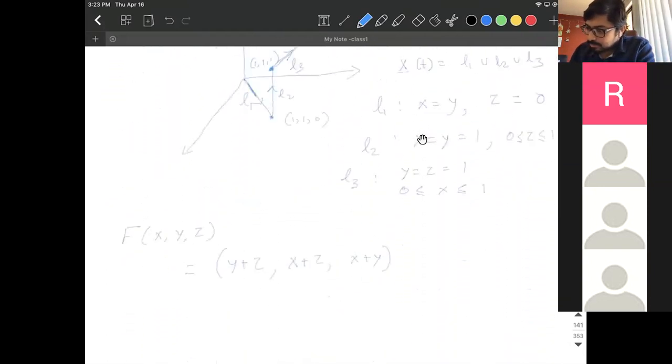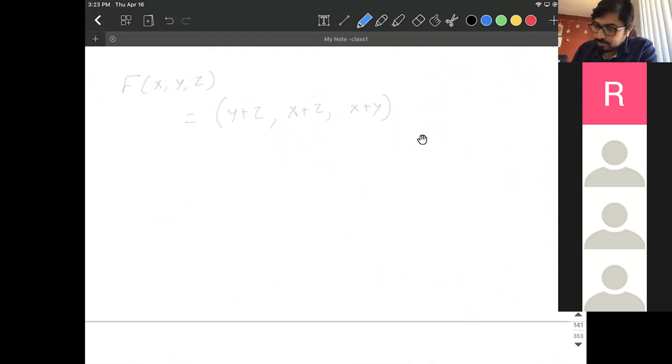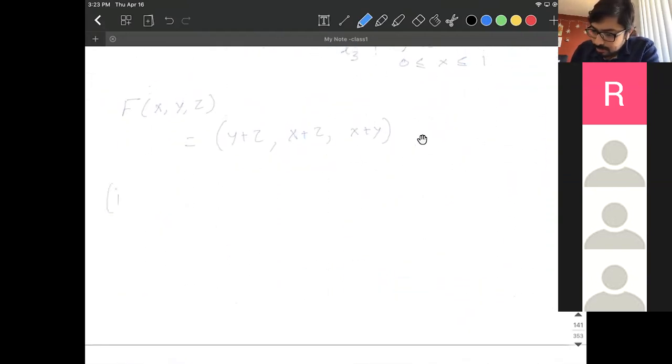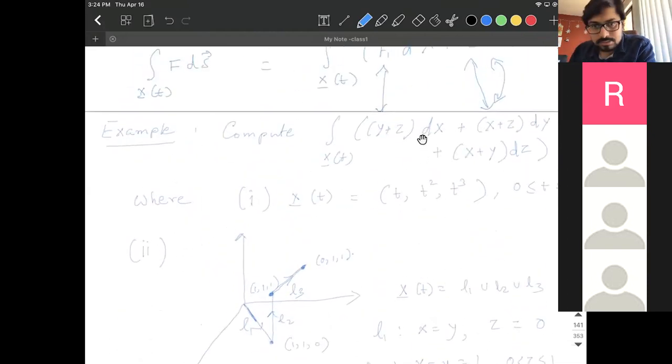Okay, the first one is fairly simple. It's the path t, t square, t cube from the interval 0 to 1. So for 1, there's nothing much to do. The integral is given by 0 to 1. Now you substitute, so you have y plus z dx.